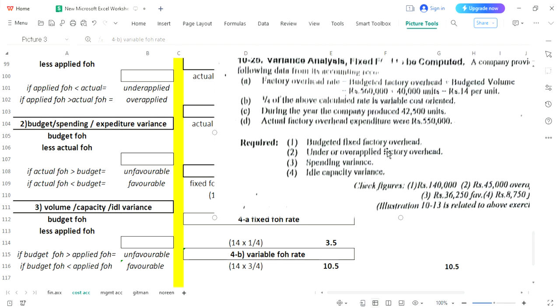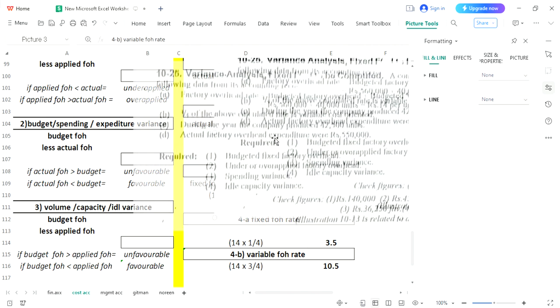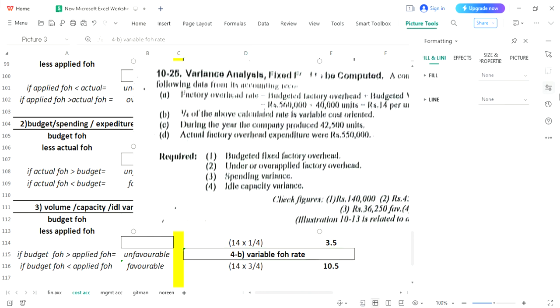All right. Again, we will be looking for the same formula which is used over here. All right, we can handle it.